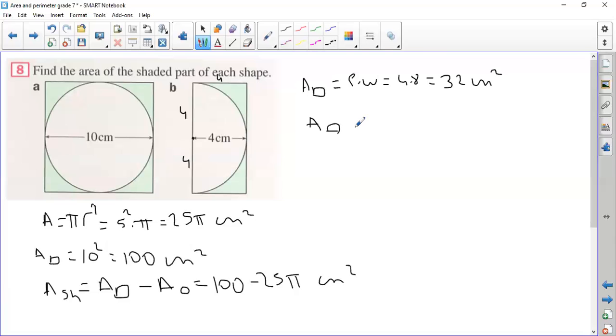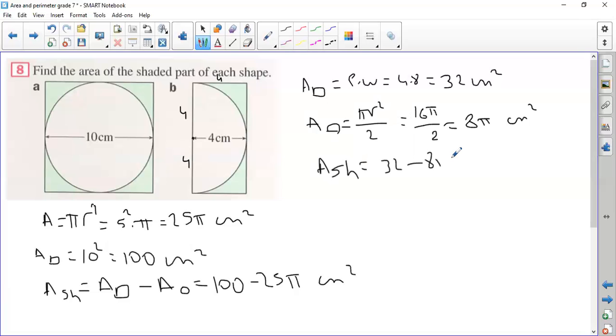It is area of circle over 2, pi r squared over 2. The radius is 4, so 4 squared is 16 pi over 2. It is 8 pi will be the area of the semicircle. So the area of the shaded region is equal to 32 minus 8 pi centimeters squared.